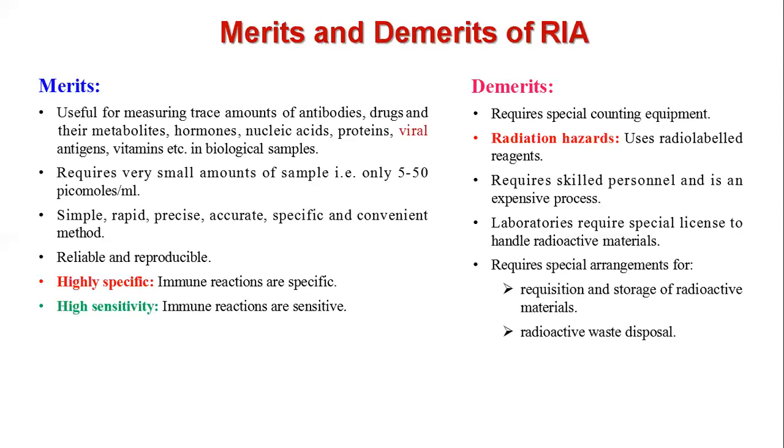We are using radio-labeled reagents here, so to use them you have to take very careful precautions, and you cannot throw them away everywhere. It requires skilled personnel and is an expensive process. Laboratories require a special license to handle radioactive material, and also require special arrangements to keep and store this radioactive material, and also radioactive waste disposal, as I said. So that is why this method has some demerits.